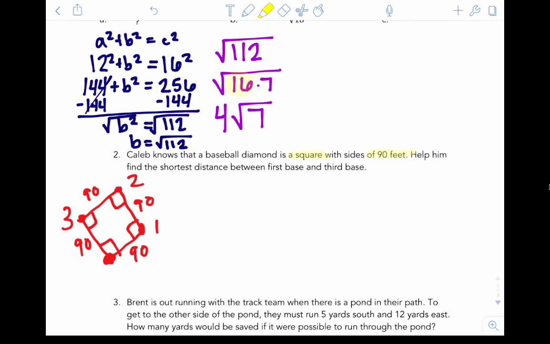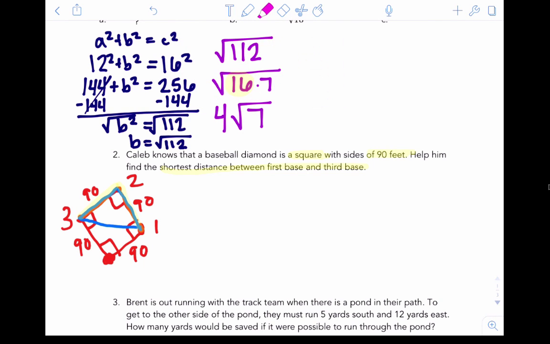Now this is asking for the shortest distance between first base and third base. The shortest distance would be straight from first base to third base. So if you notice, that creates a right triangle right here. And so I know my lengths of the legs, and I need to find the length of the hypotenuse.